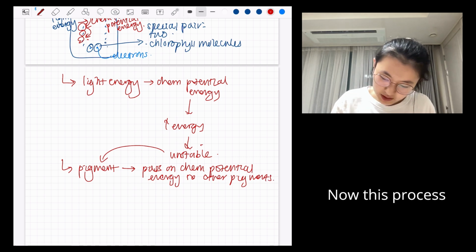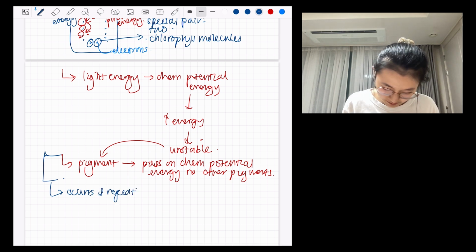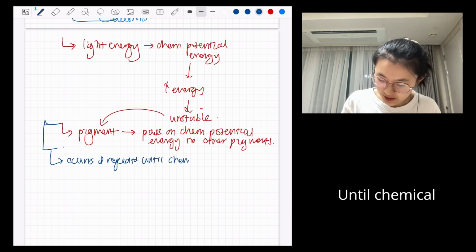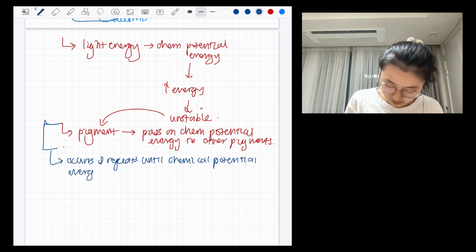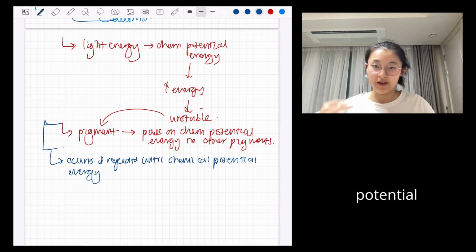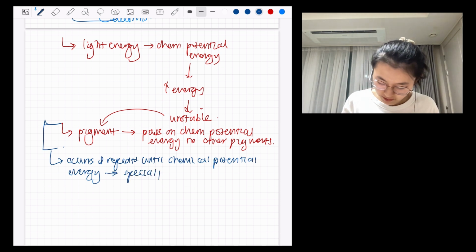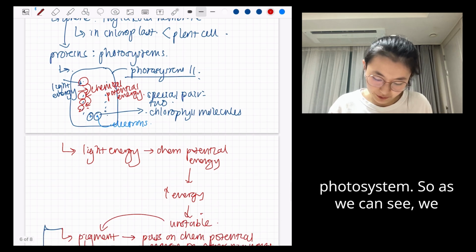Now, this process occurs and repeats until all of the chemical potential energy entirely accumulates in this special pair, which is again at the center of the photosystem.